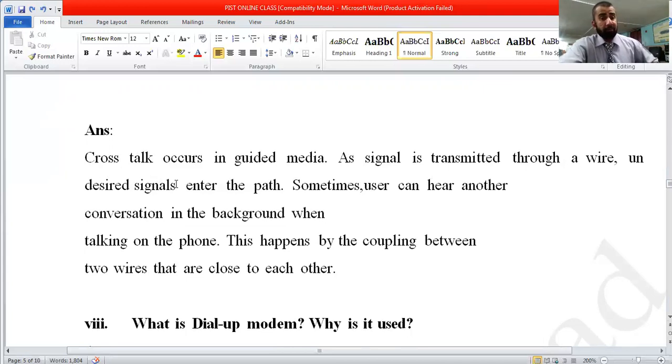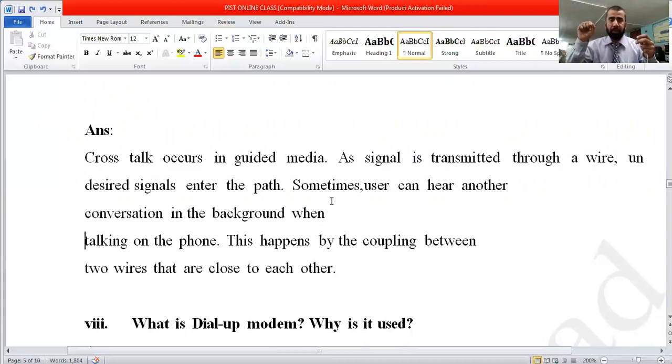So the other person who was talking during your communication is called an undesired signal entering your path. Sometimes a user can hear another conversation in the background when talking on the phone. This happens by the coupling between two wires. It could be possible where the telephone company provides the connection outside your home, where you get the connection from.